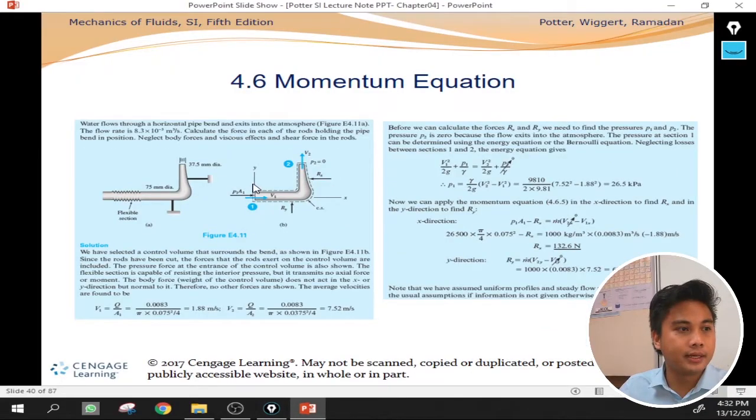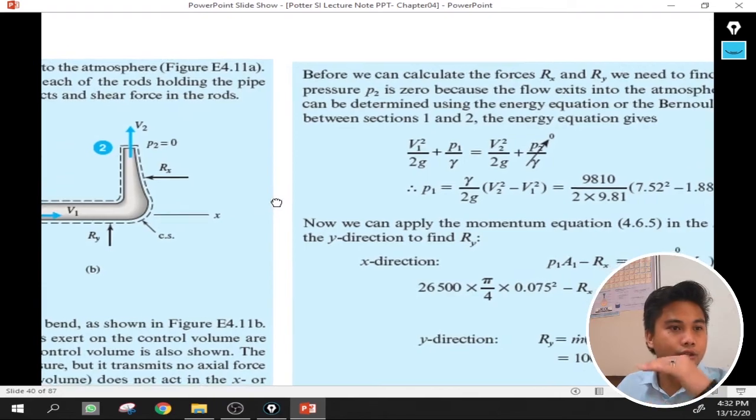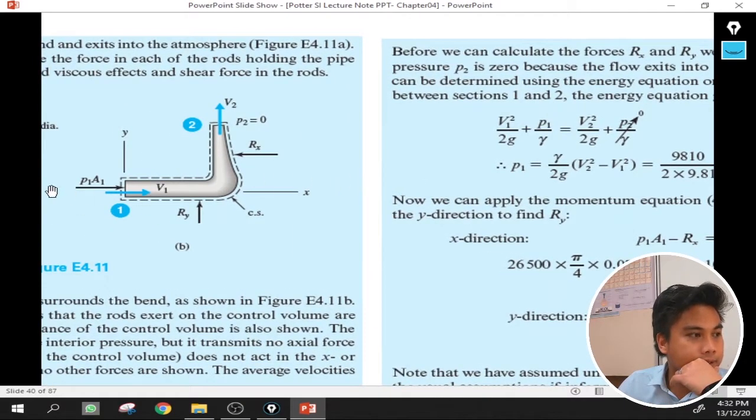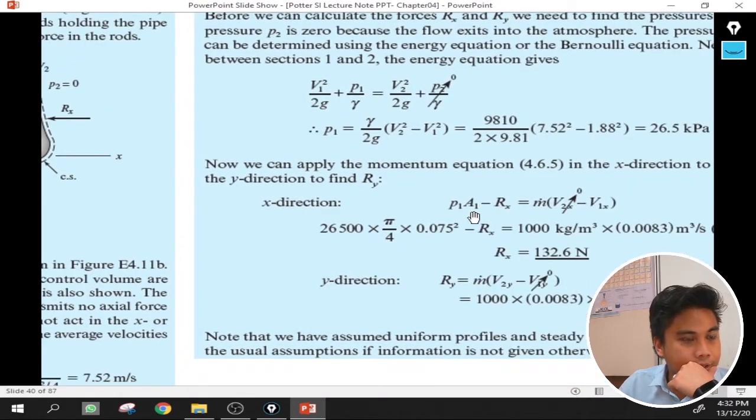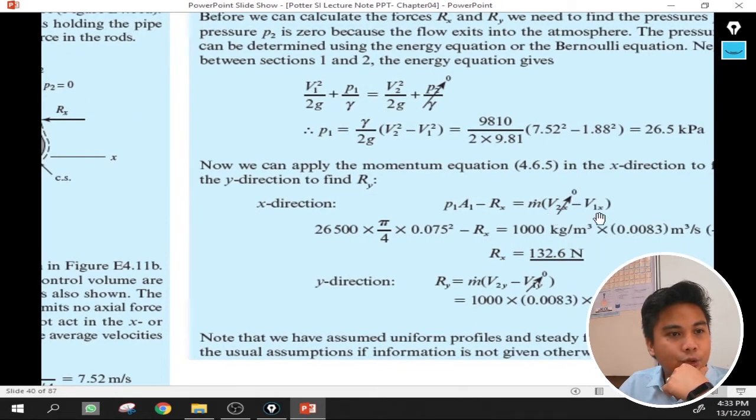So from here, let's take a look at the forces. We have the force in this component, the hydrostatic force, and then we have our X. So this is positive, this is negative. Mass times velocity 2x. You can see at point 2, there is no x component, that's why it is 0.